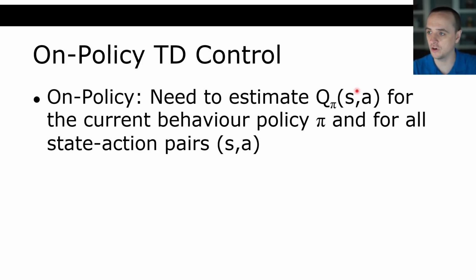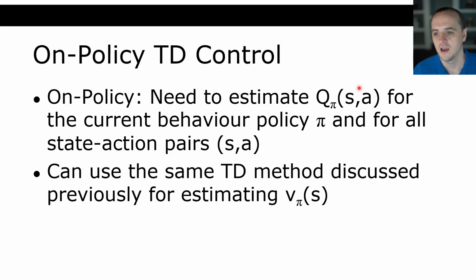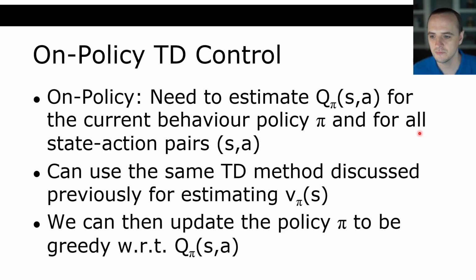I need to know how good was doing that action so I can choose which action to do. And we can use the same TD methods discussed previously for updating V pi if I need to. Then we can just update the policy pi to be greedy with respect to Q pi. And that's what we did before, right? So I just take my current estimates for Q pi and I just update my policy to be greedy with respect to that.